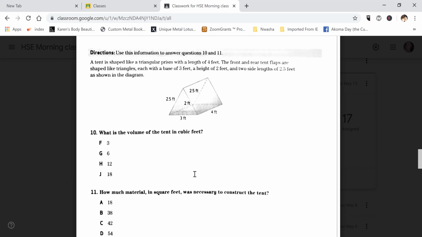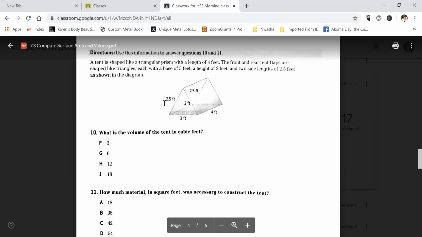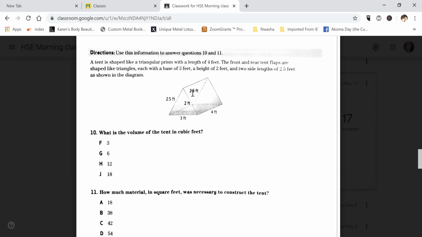So now that you're thinking of making the tent out of material, this is now a surface area question. So now you're going to include these numbers of the side length, like the 2.5. And you're thinking to yourself, how many sides are going to be on the triangular prism? You need to come up with area for that number of sides.